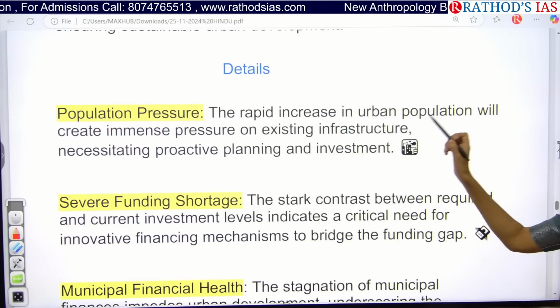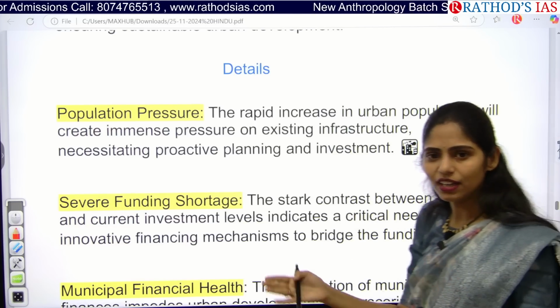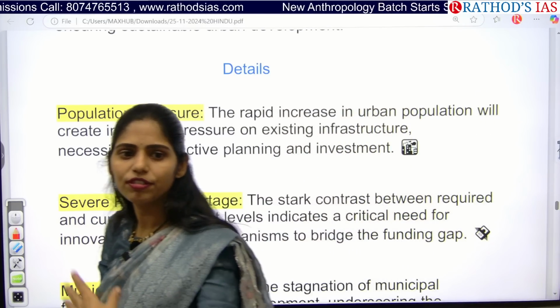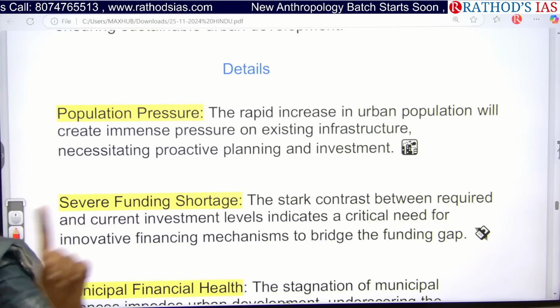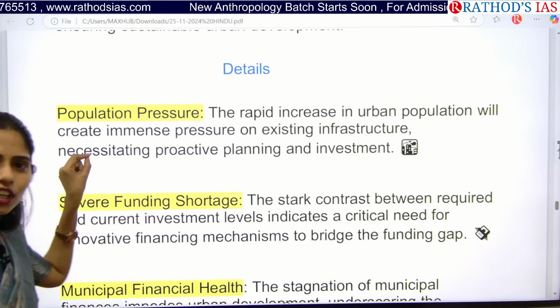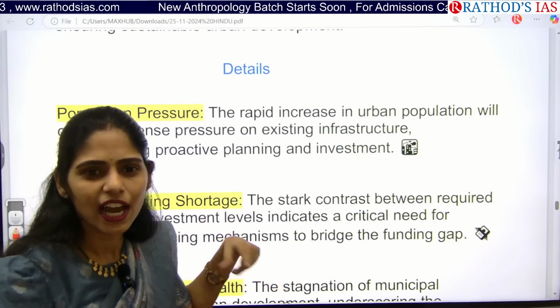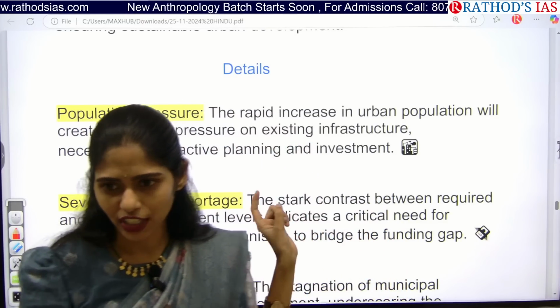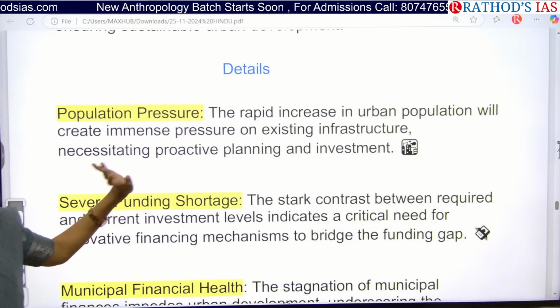So the infrastructure that we have now is not suitable for providing service in the future if urban population increases. So for that we need to focus on proactive planning, and we have to invest in infrastructure in urban areas. So it is the first important point.